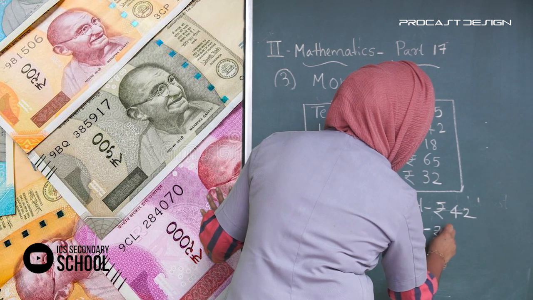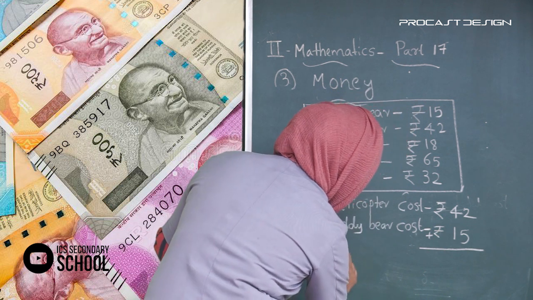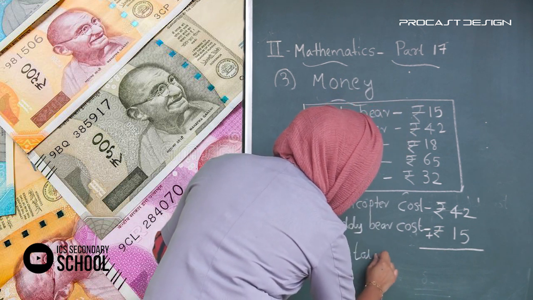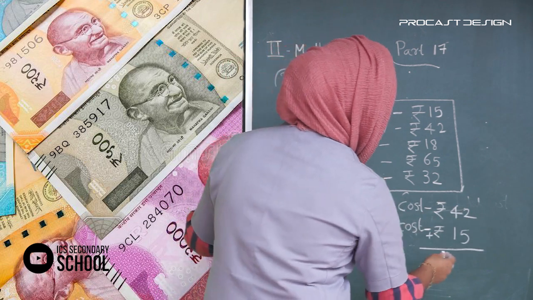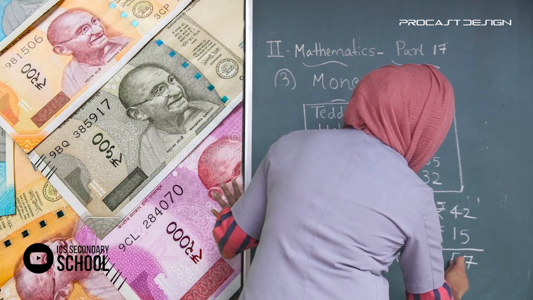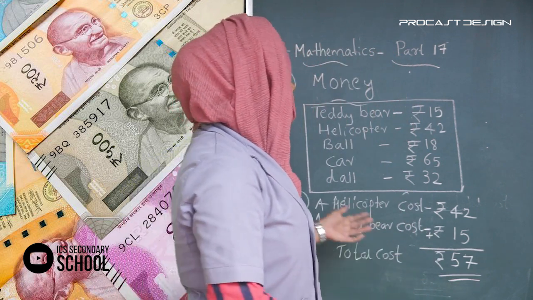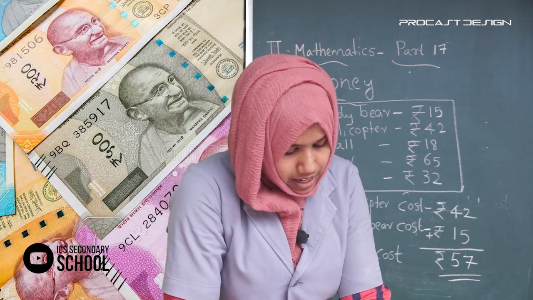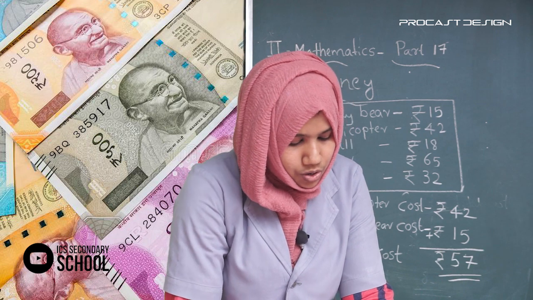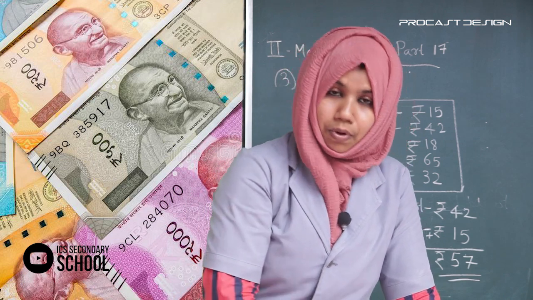Yes, 15 rupees. Now find out the total. 5 plus 2 is 7. 4 plus 1, 5. So the answer is 57. So we can find any cost by adding these numbers. And third, there is a question: one doll cost and one ball cost. First you write the prices of the doll and the ball, then add the rupees.